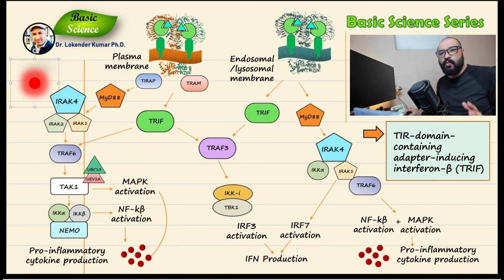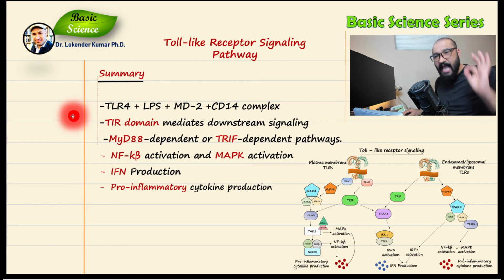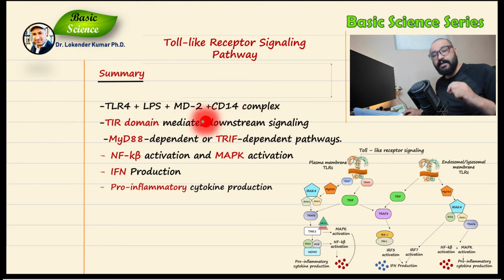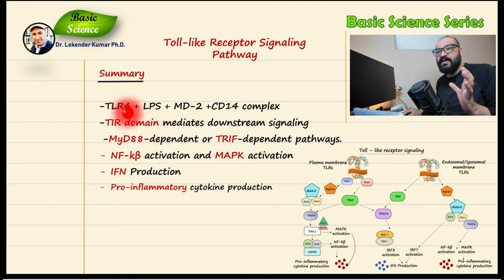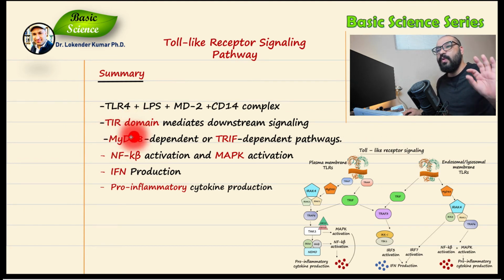Let's summarize what we have learned in this presentation. In summary, I can tell you that first there will be the activation of toll-like receptor 4 by lipopolysaccharide, which I have mentioned here, LPS. Then you will have MD2 protein as well as CD14, cluster of differentiation 14 molecule, and that particular complex formation will lead to the activation or dimerization of this particular molecule, TLR4 in this case, and then the TIR domain, which is present inside the cell, will form the dimer, right?